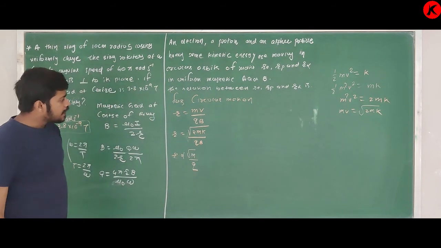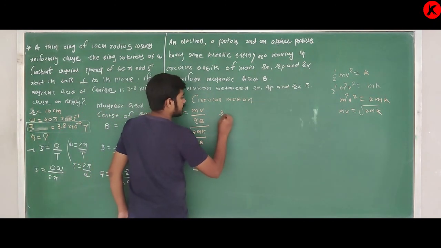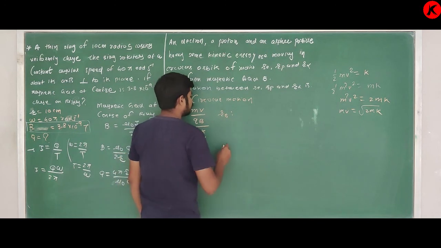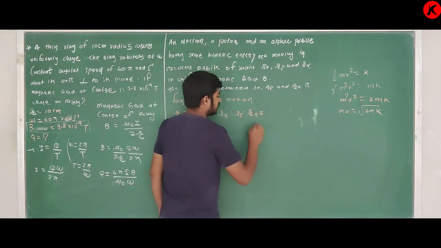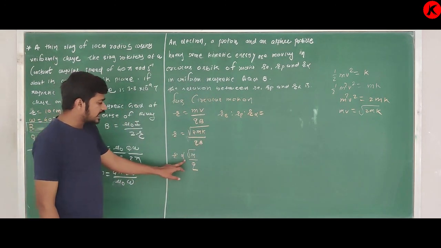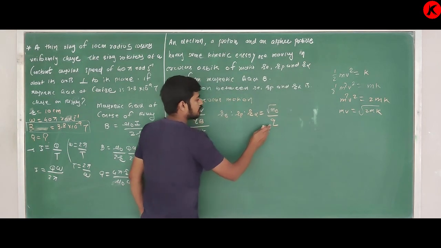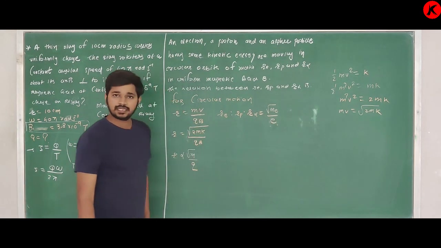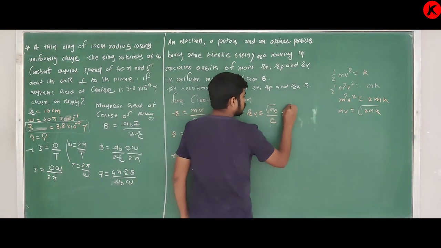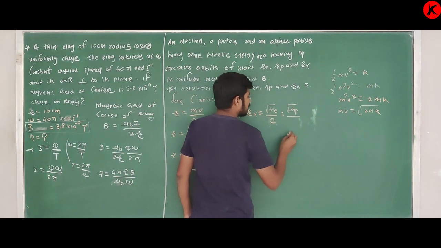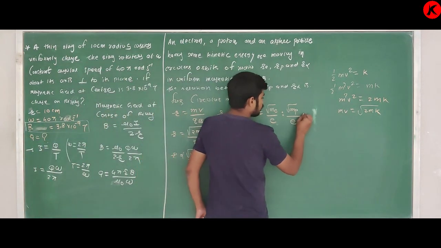Now for electron, proton and alpha particle, how to write? Re is to Rp is to R alpha is equal to under root m e upon e, is to under root mass of proton divided by charge of proton e, is to the alpha particle.